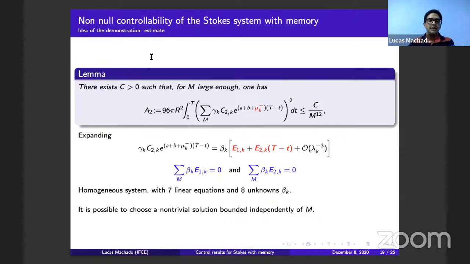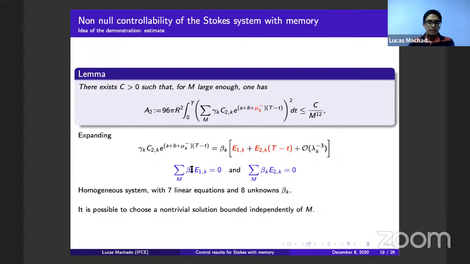Well, in this lemma is the estimate obtained for the term A2. Here we expand this term and identify the terms with bad estimates. In this case, the terms with bad estimates are this and this.